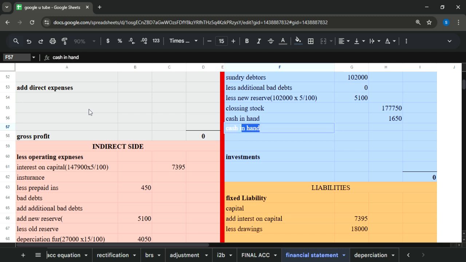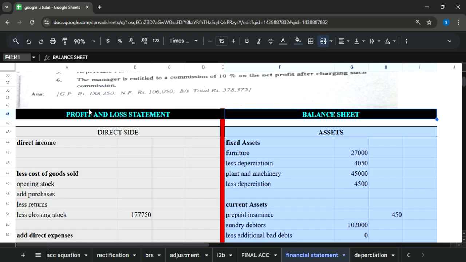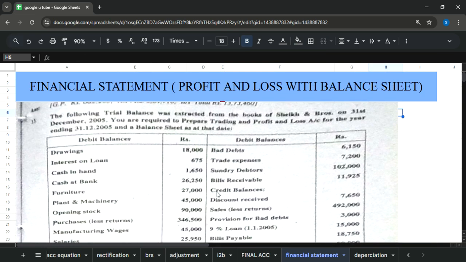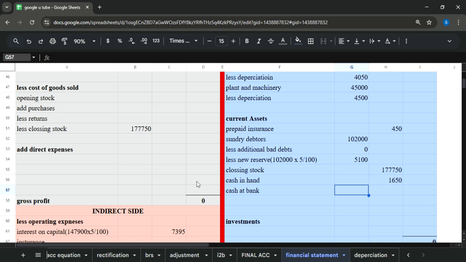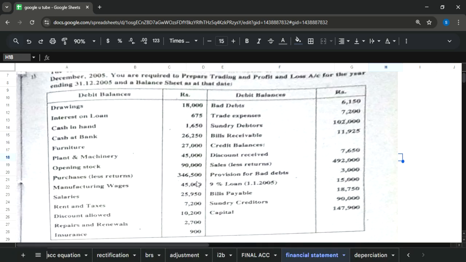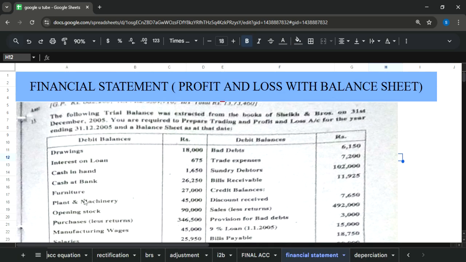Cash at bank. Amount of cash at bank is 26250. Cash at bank has been written.